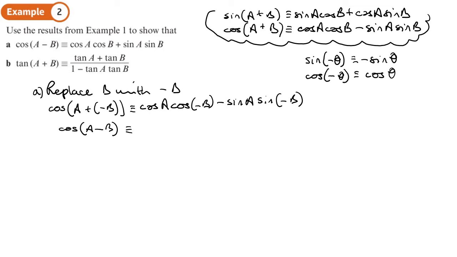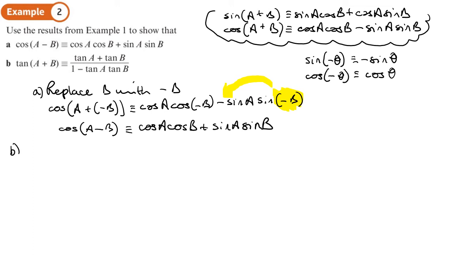So the cos of negative B can just be swapped out for cos B. And the sine of negative B, this bit, will become negative sine B. So that's going to affect that sign there, and that will become a plus. Plus sine A sine B. Okay, so we're done. We've proved our identity as required.